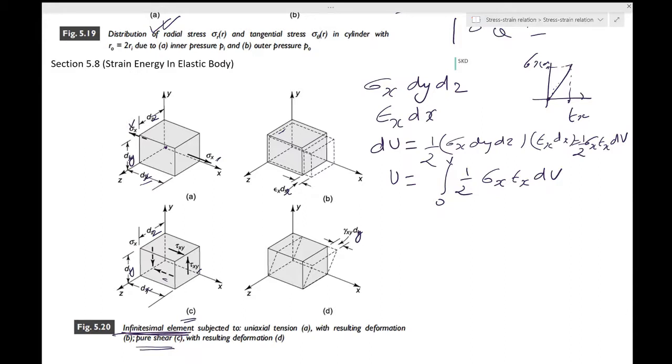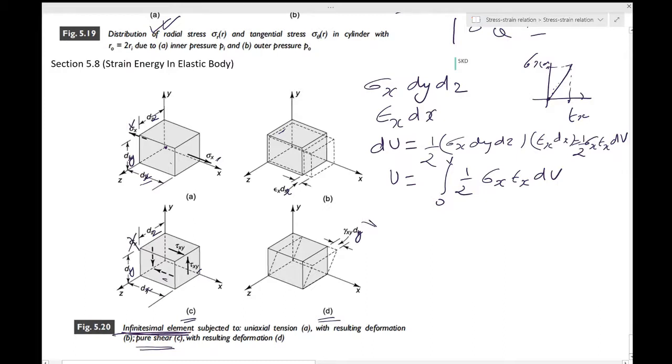We have already seen that in a two-dimensional case before. Now in this case you have the stresses, and the corresponding deformation. The dotted dashed line shows the deformed boundary. I don't know what this sigma x is doing in this figure.